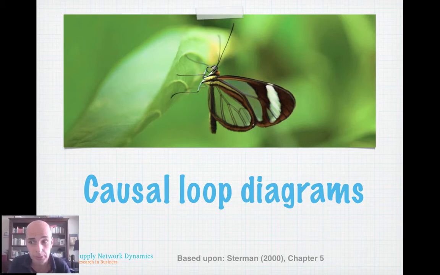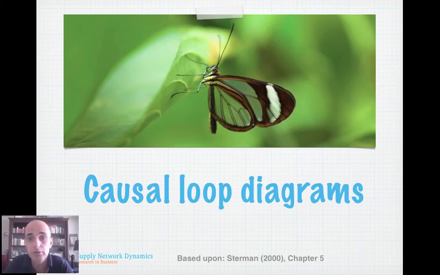Models can become pretty big and you'll see that over the coming weeks as well. And yet their behavior can usually be characterized by just a few loops, 2, 3, 4 loops.